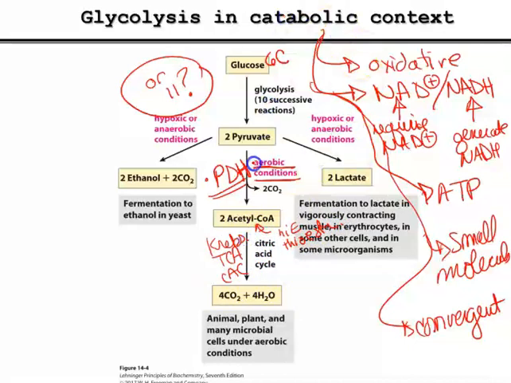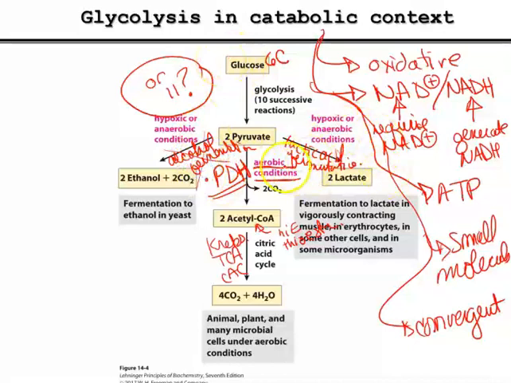When oxygen is not present, we've got a choice here. So we have alcohol fermentation, and we've got lactic acid fermentation. Alcohol fermentation doesn't happen in us. Our cells don't run that. So we're not going to really worry about that now. That's what lab this week focuses on.